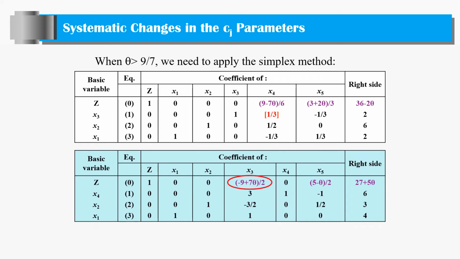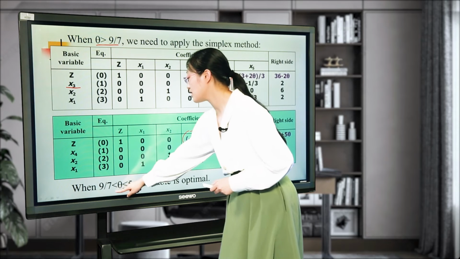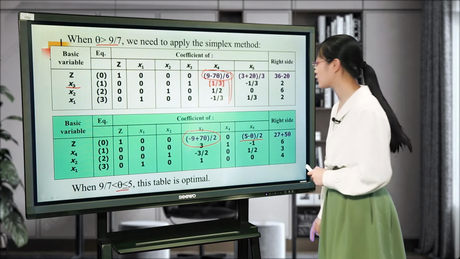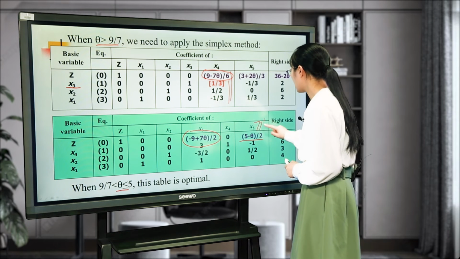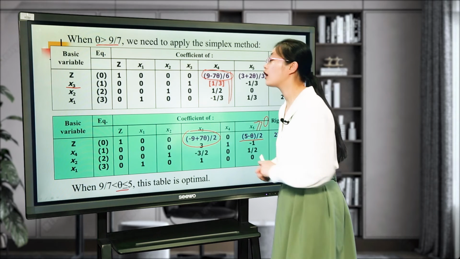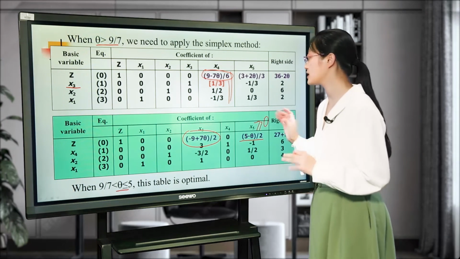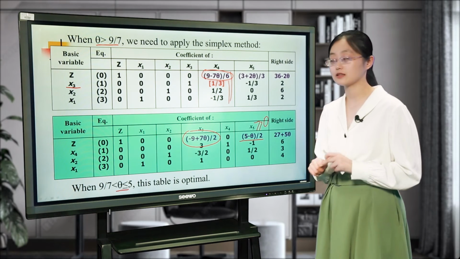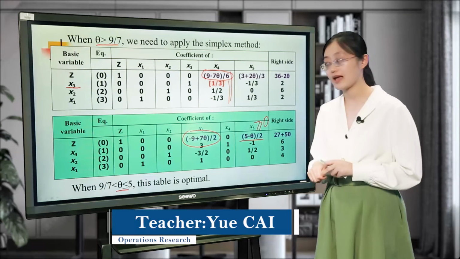However, on the other hand, we have this 5 minus theta over 2. As theta varies, this value can be positive or negative. So we solve inequalities and say that as long as theta is less than or equal to 5, this value will stay non-negative. So then at this point, all the coefficients in equation 0 are non-negative, so it passed the optimality test.